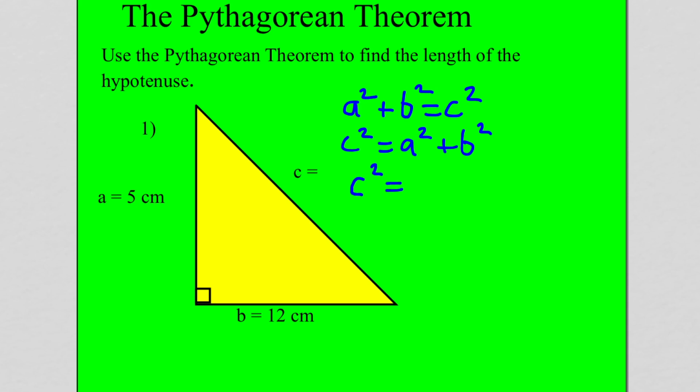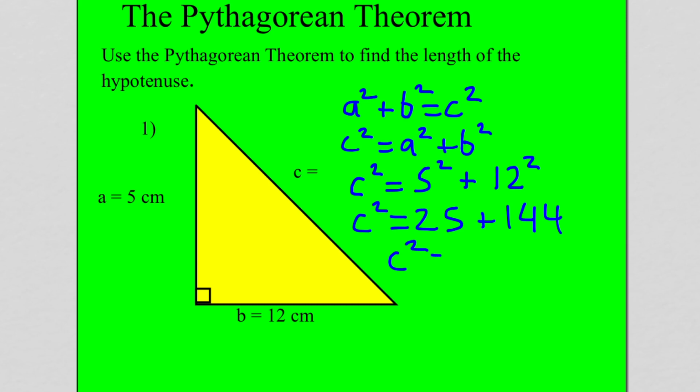But we can substitute in our value for a, which is 5 squared, plus the value for b, 12 squared. And then continue working down the page. c squared equals 25 plus 144, and c squared equals 169.